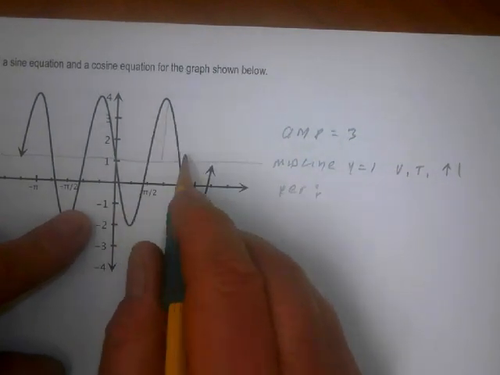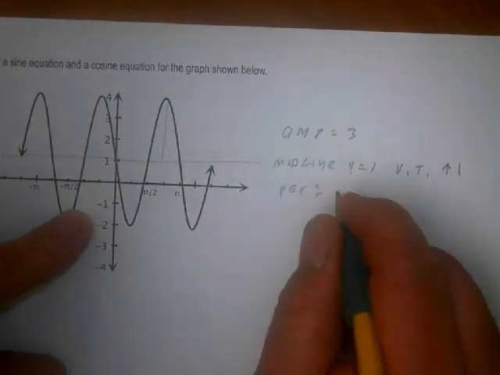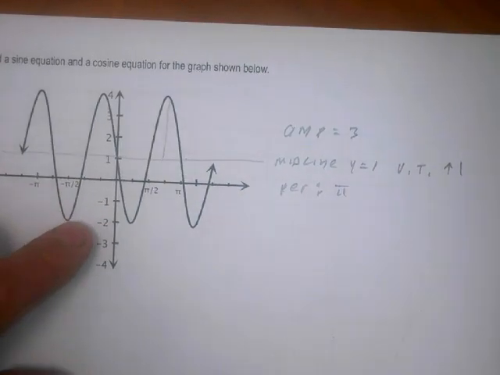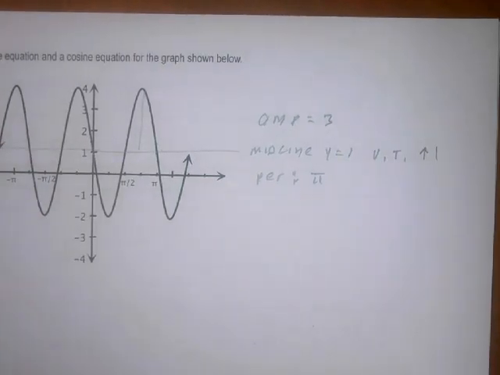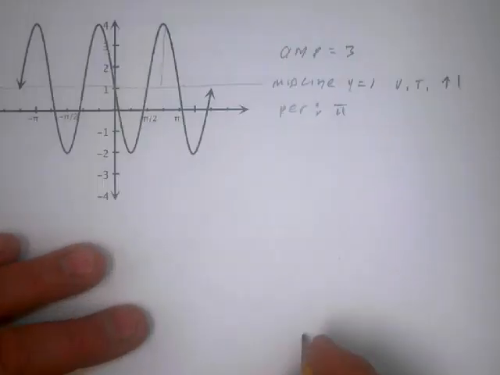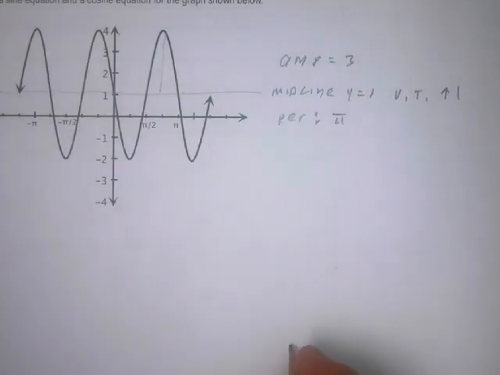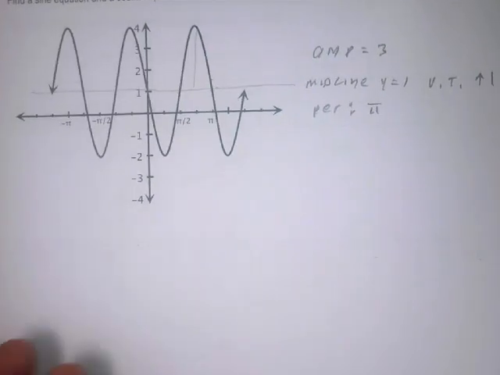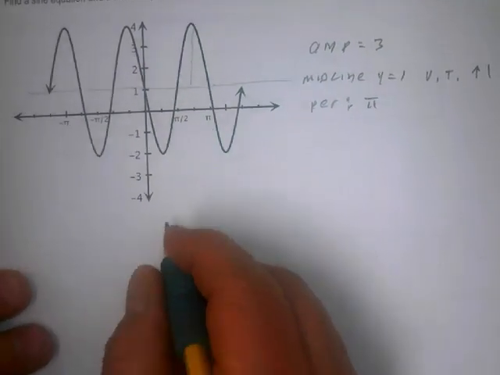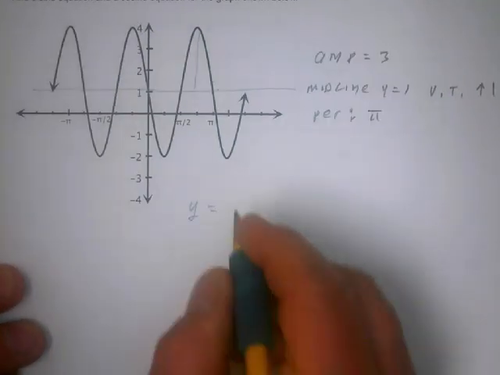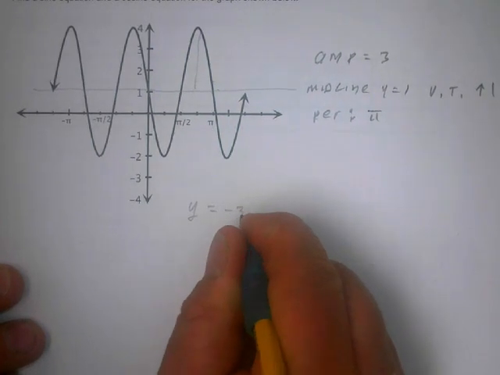Oh, by the way, vertical translation is up 1. Period looks like it completes 1 revolution in pi units. I'm not shifting this at all for sine anyway. Doesn't look like it. Maybe I am. All right, here we go. Let's go ahead and write this in.